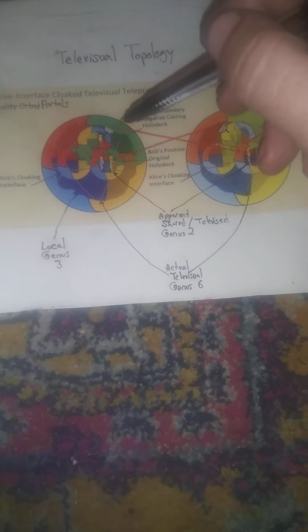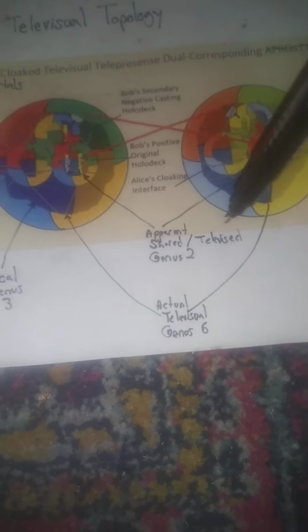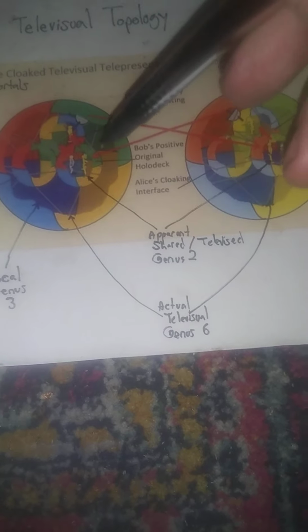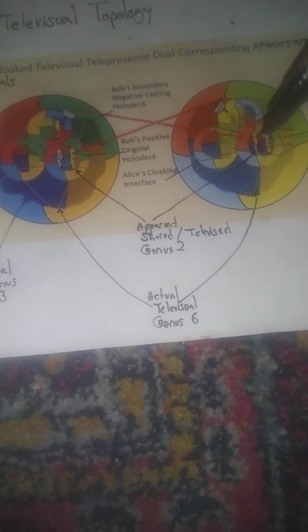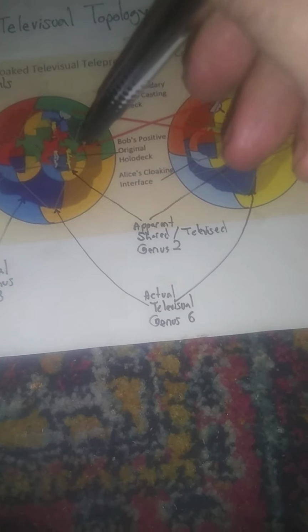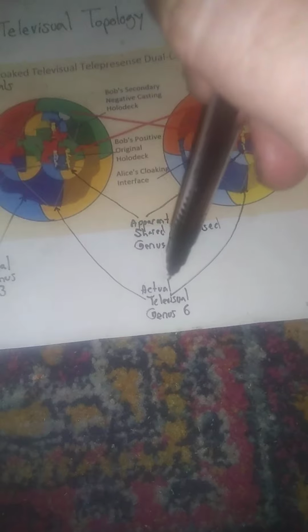And I'll include a link to these mirror world ideas that I have. But the apparent shared televised genus 2 torus is where these two people exist within each other's primary holodeck. The actual televisual genus is 6.